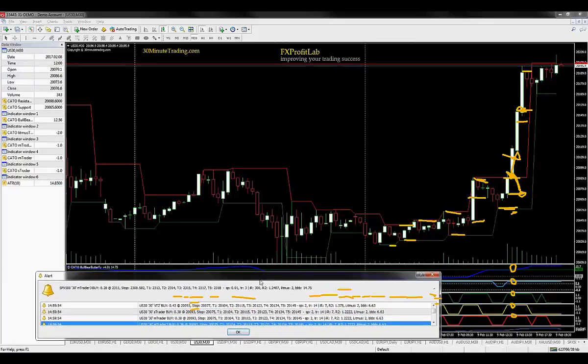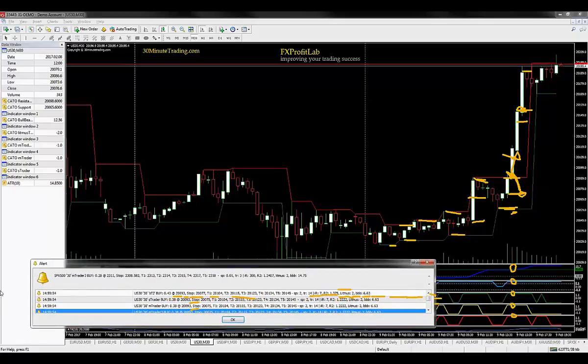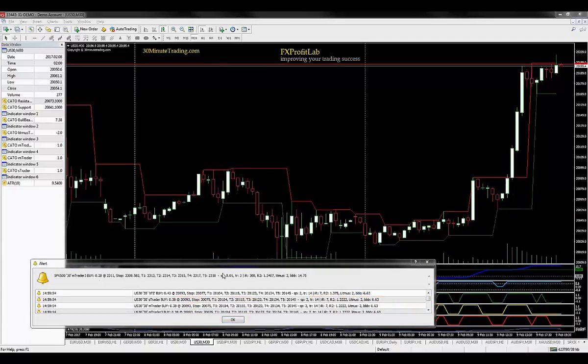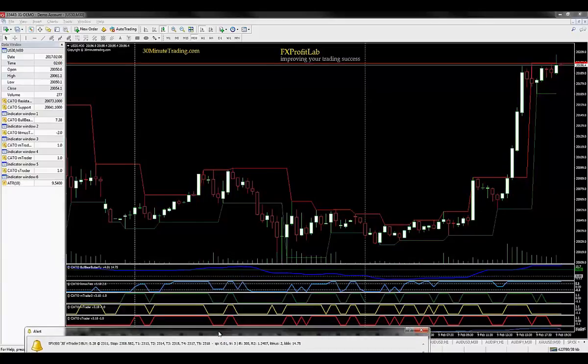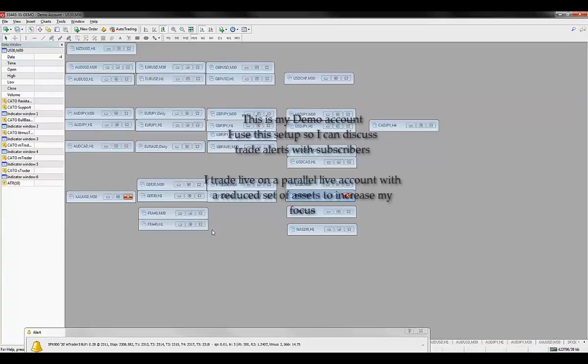Let's just move this down a bit now because we don't really need it there anymore. I'll clear all the writing off the screen as well, so we've got a clear screen. On my screen at the moment, I've got all of these different pairs up.